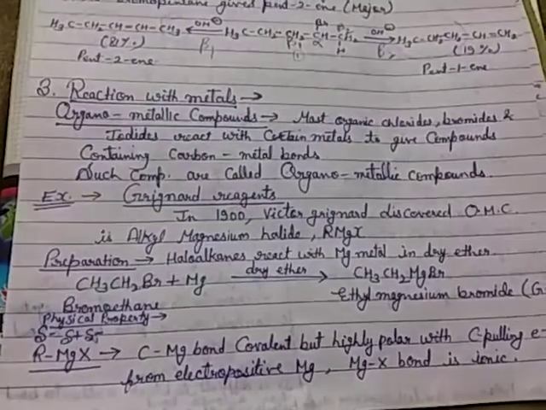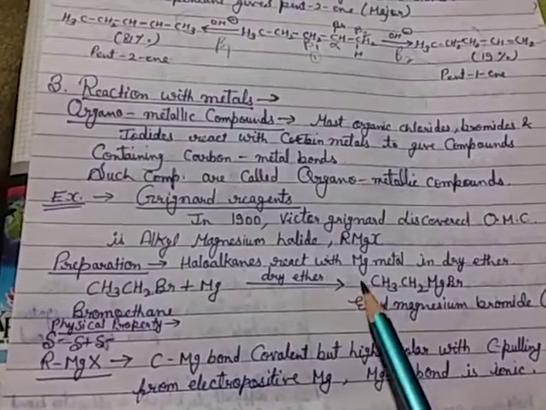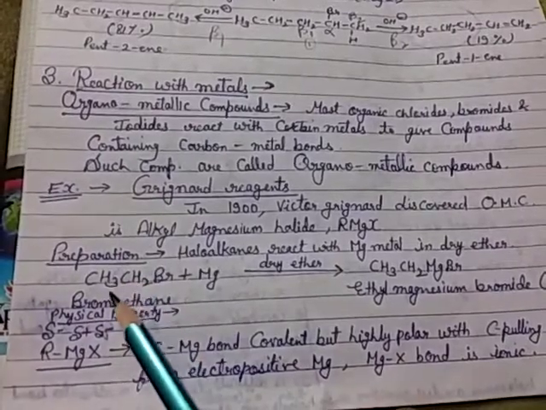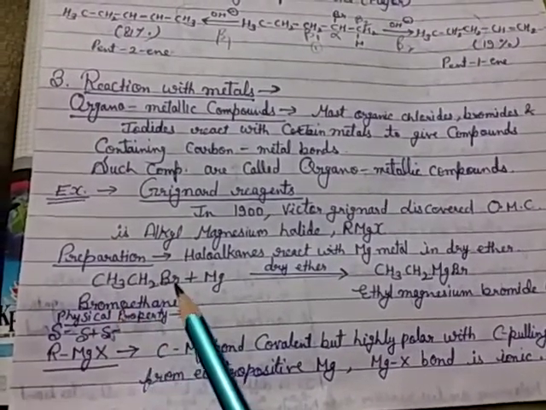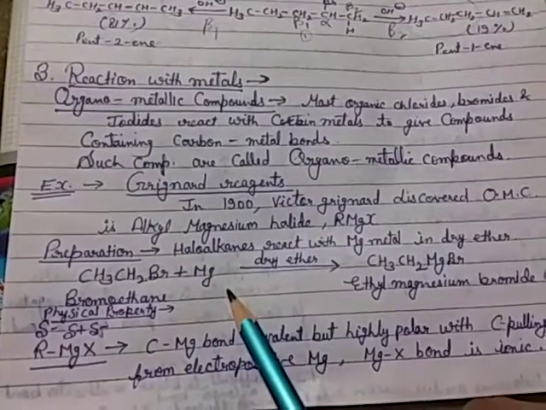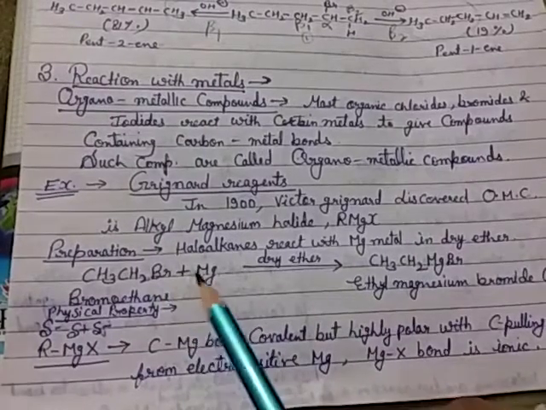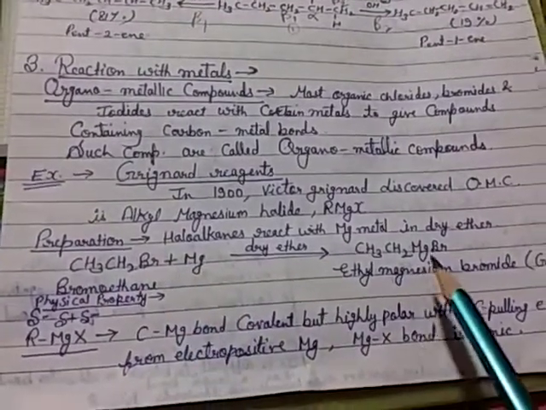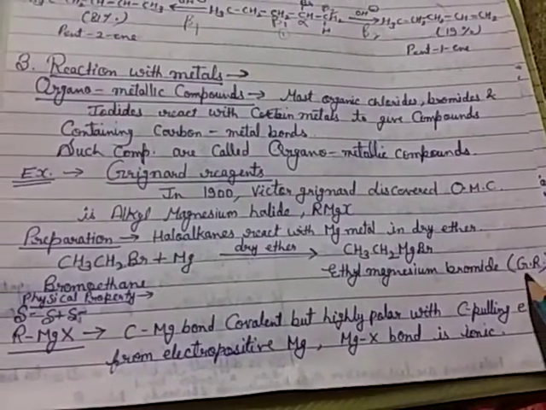Preparation: haloalkanes react with magnesium metal in dry ether. For example, take CH3CH2Br, bromoethane, which reacts with magnesium in the presence of dry ether to give CH3CH2MgBr, ethyl magnesium bromide, which is a Grignard reagent.